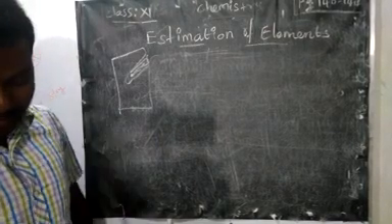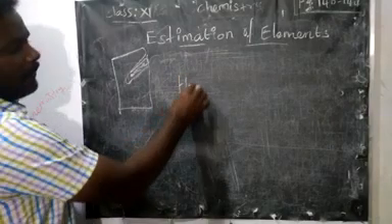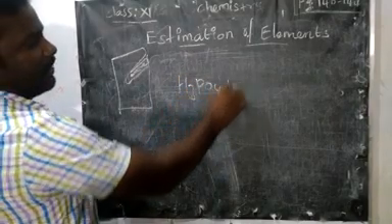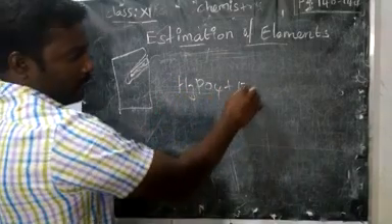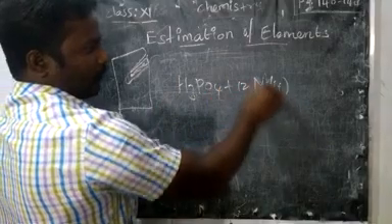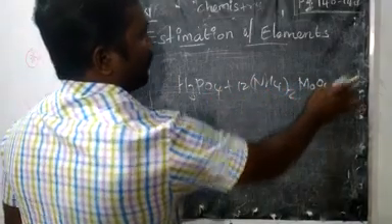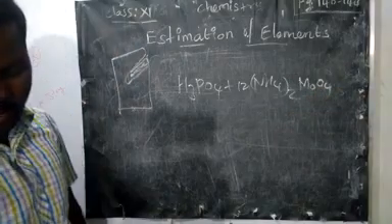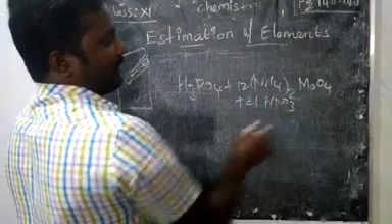So we will see the chemical reaction also here, somewhat difficult. Phosphate with ammonium molybdate. What is the molecular formula? (NH4)2MoO4, ammonium molybdate, and also we are adding 21 moles of nitric acid.